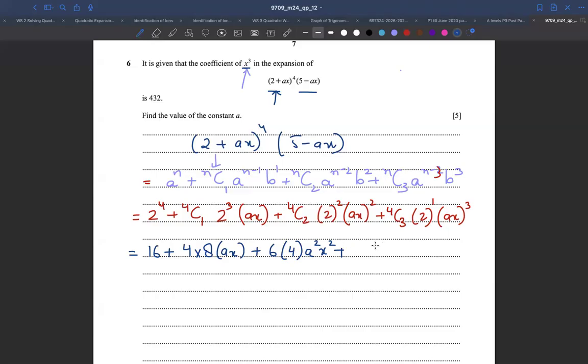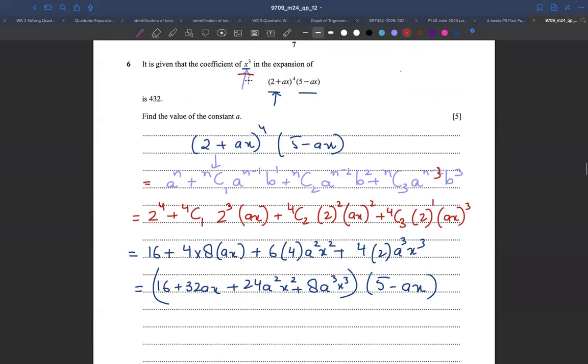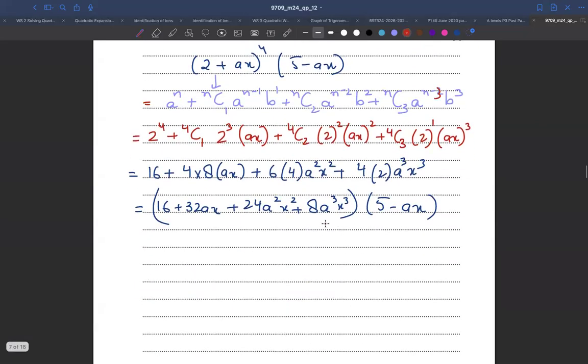4c3 is 4. So this will be 4 into 2 into a cube x cube. When I simplify it, this will become 16 plus 32ax plus 24a square x square plus 8a cube x cube. This is the expansion, and this is 5 minus ax. Now, because it is talking about the x cube term, I will get an x cube when I multiply 8 by this.